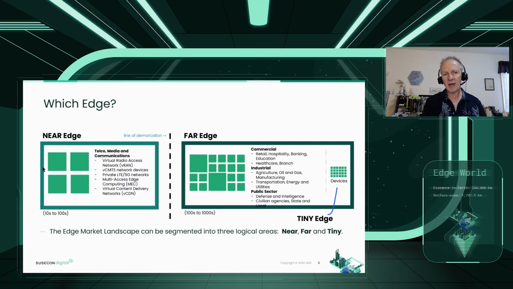And the technologies in that space are typical to the telco environment. The far edge is really more of the devices that we've talked about already, that are smaller devices that interact with customers or interact with a service from the company in a specialized location.